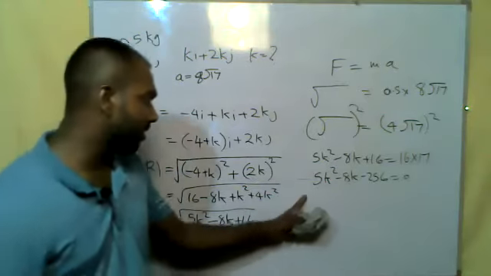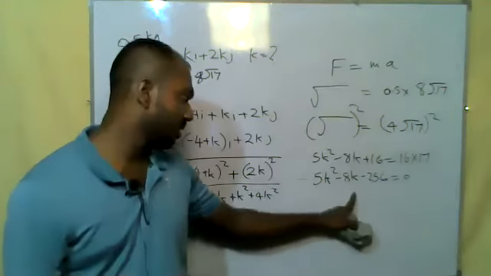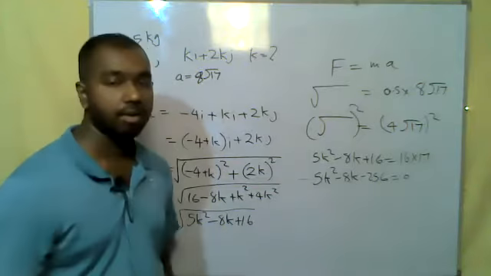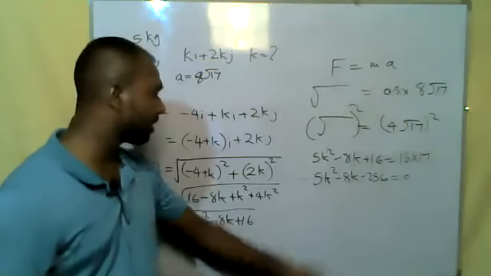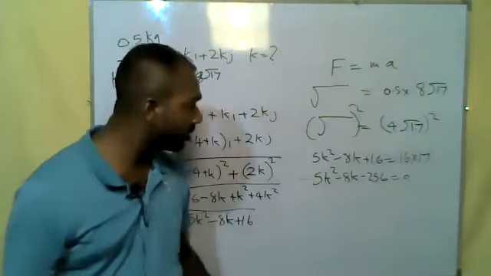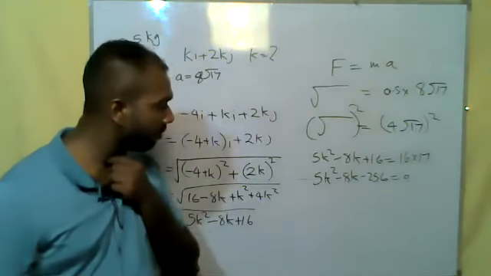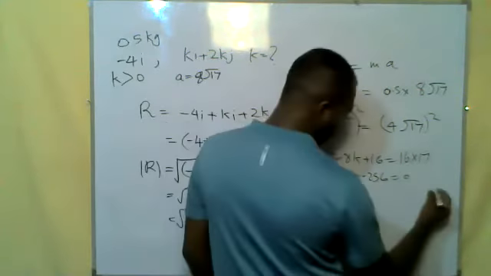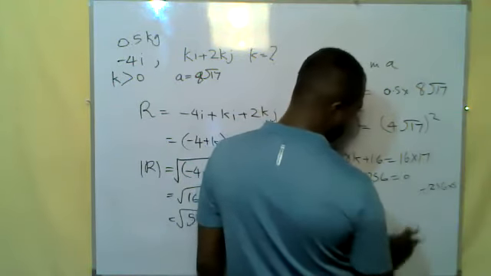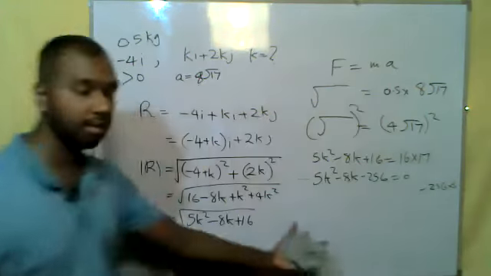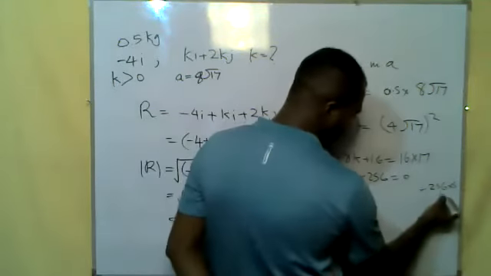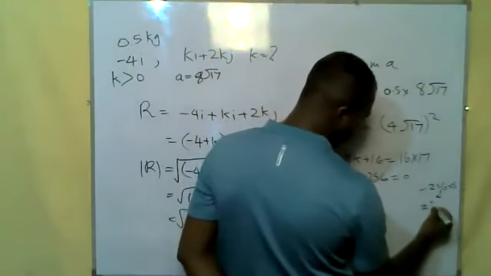Can we factorize this one? I hope so. Or if not, you can go for the formula. Let's give it a try to factorize this one. 256 is 2 to the power 8.